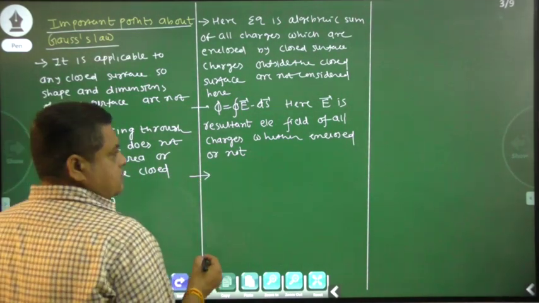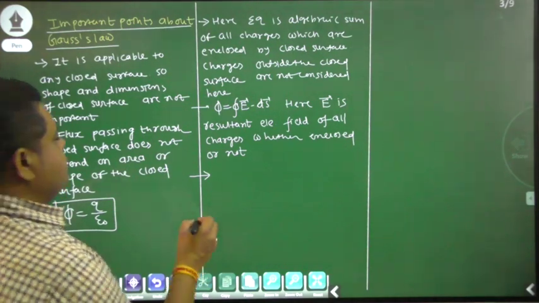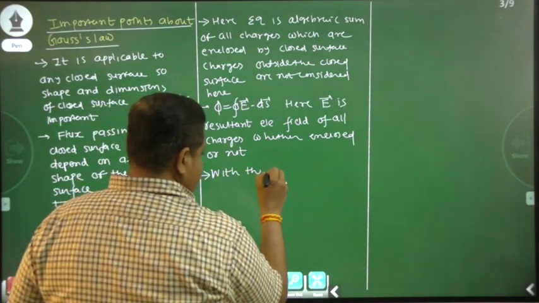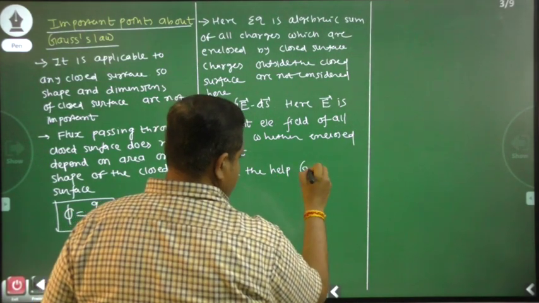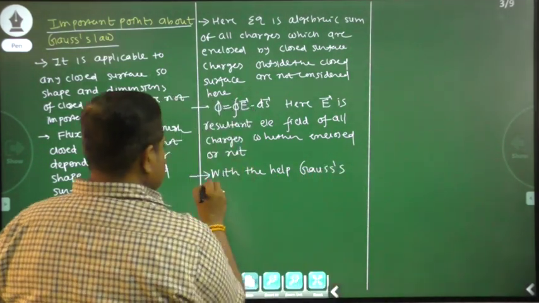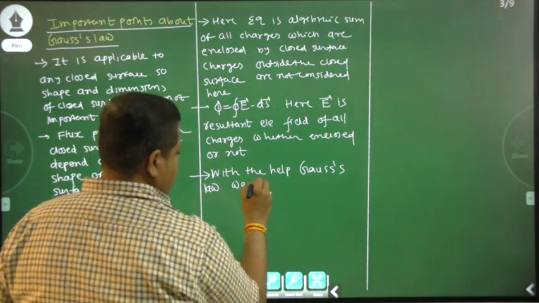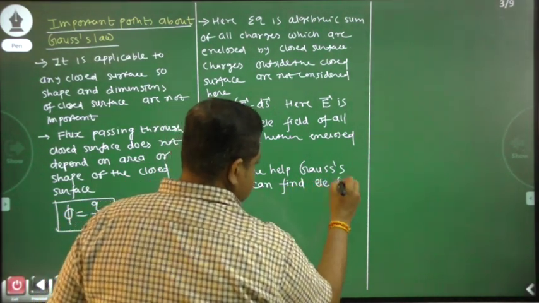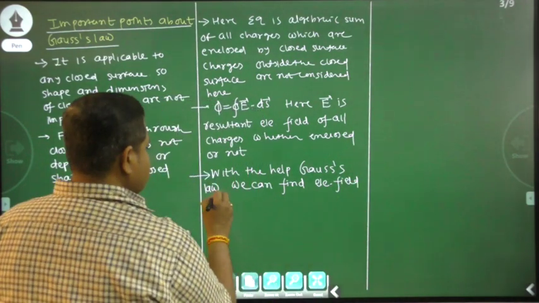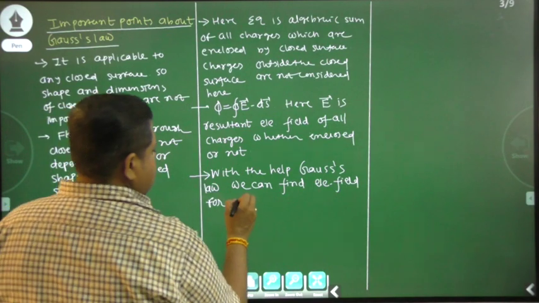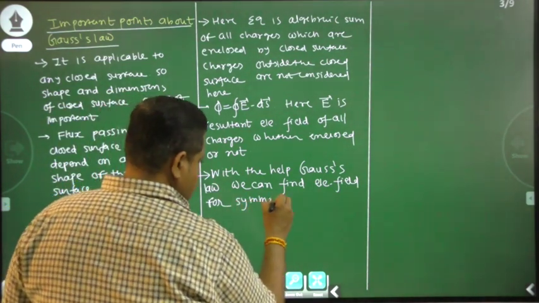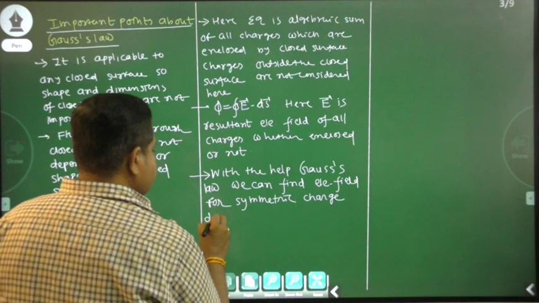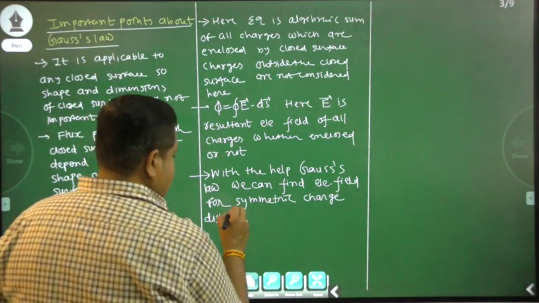Then with the help of Gauss law, we can find electric field for symmetric charge distribution.